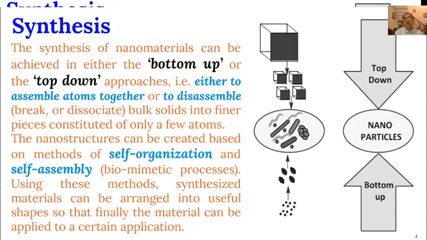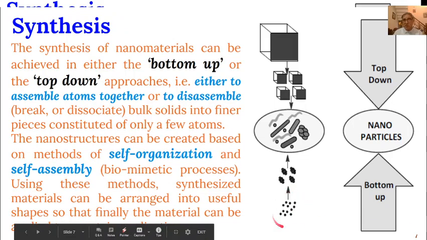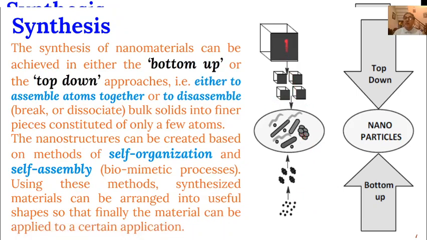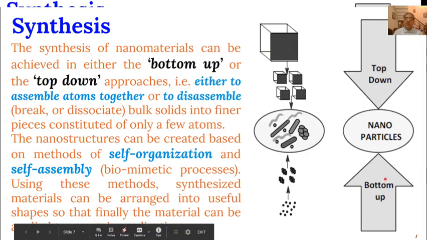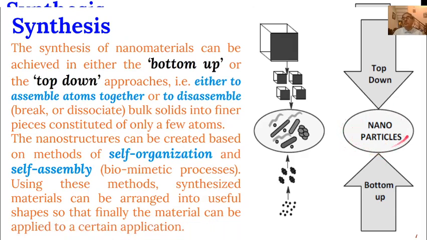Which means either we can assemble small atoms into nanomaterials, or we can disassemble bigger particles into nanoparticles. Both of these approaches are successful in the synthesis of nanoparticles, and these nanoparticles can be transformed into different types of nanomaterials.